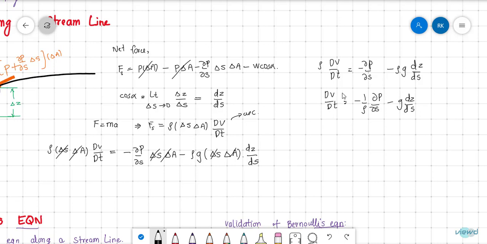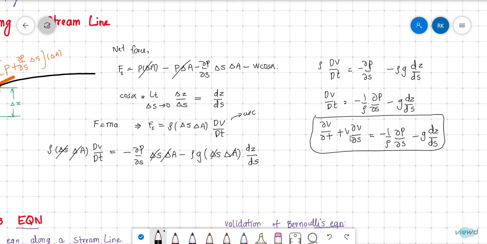And this capital Dv by capital Dt is called the material derivative, that can be written as dou v by dou t plus v into dou v by dou s. So this can be written as equal to minus 1 by rho dou p by dou s minus g into dz by ds. So this is called Euler's equation along a streamline.